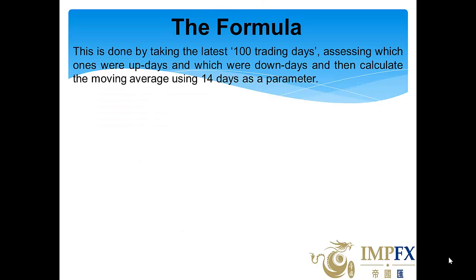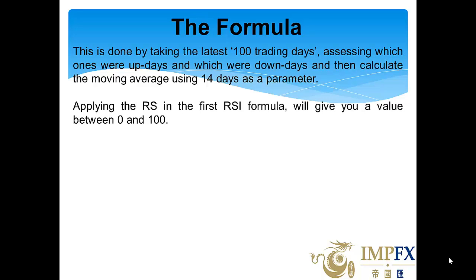This is done by taking the latest 100 days trading, assessing which ones were the up days and which ones were the down days, and then calculating the moving average using 14 days as a parameter. Applying the RS in the first RSI formula will give you a value between 0 and 100.